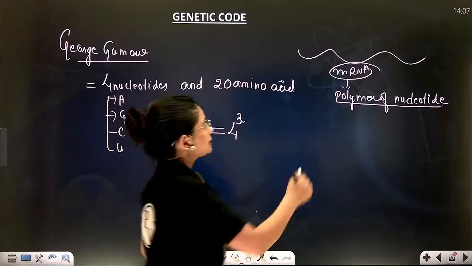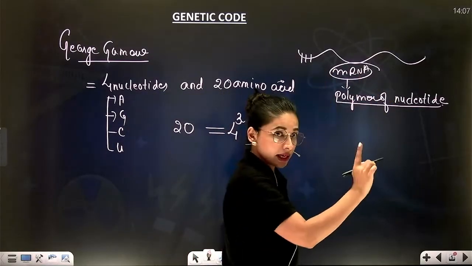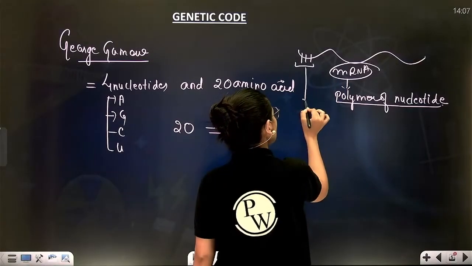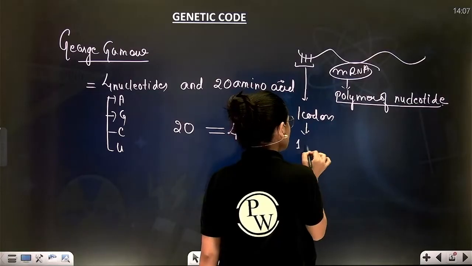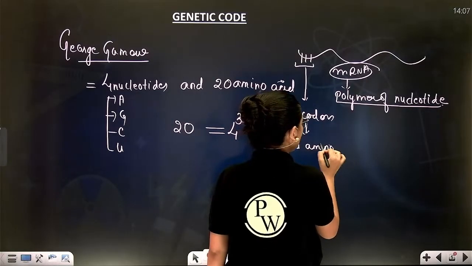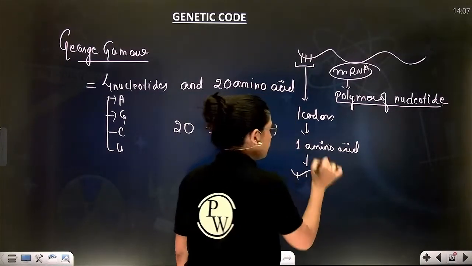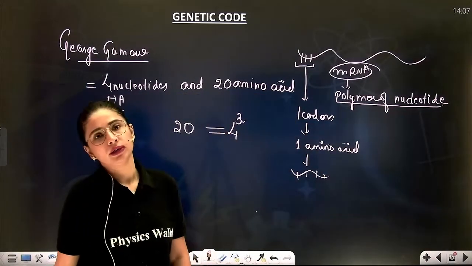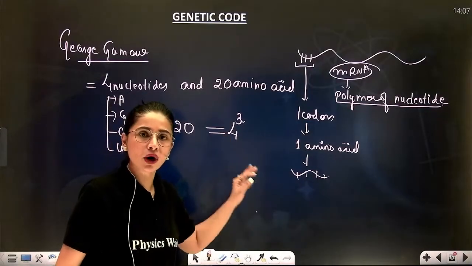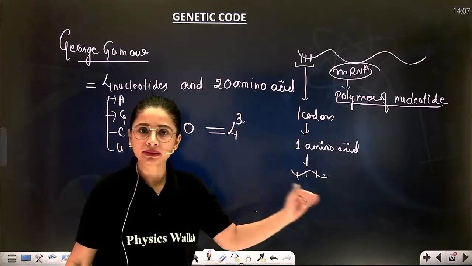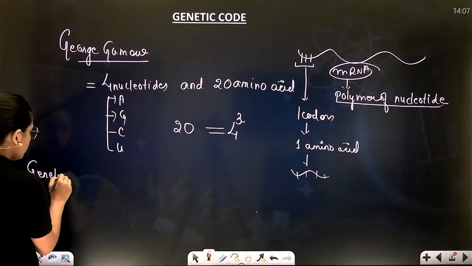That means 3 nucleotides on mRNA in a sequence form one codon, and this one codon codes for one amino acid, which is responsible for producing different types of proteins. Understood? Once again, I am repeating, according to George Gamow's combination permutation, the genetic code has to be triplet.